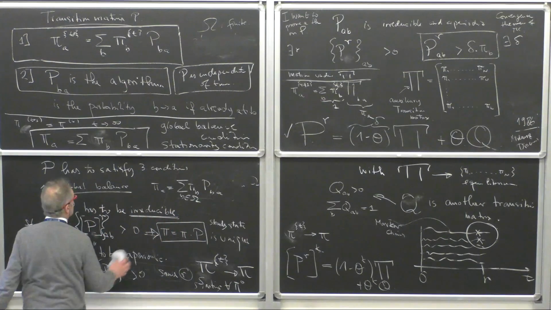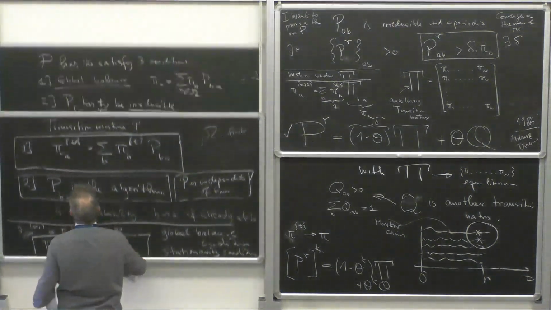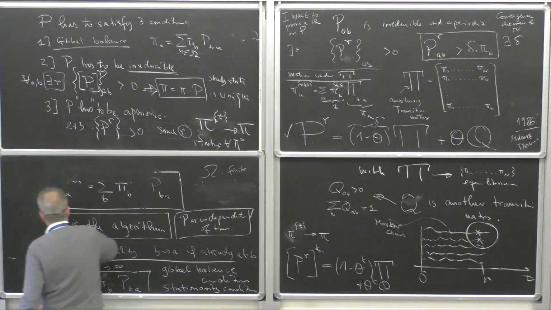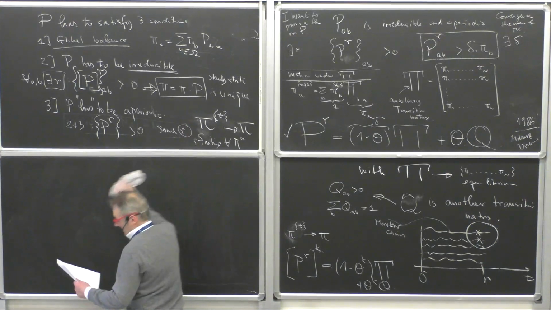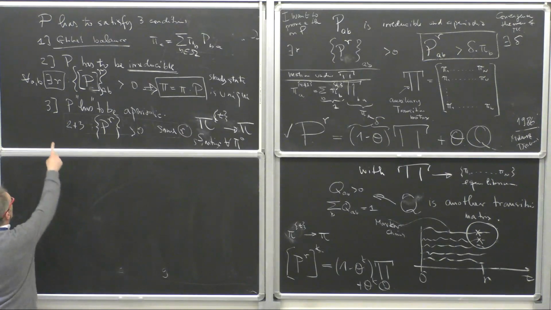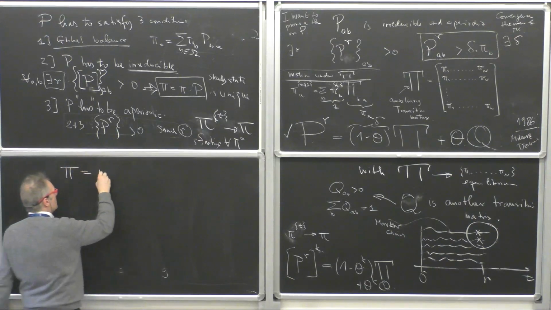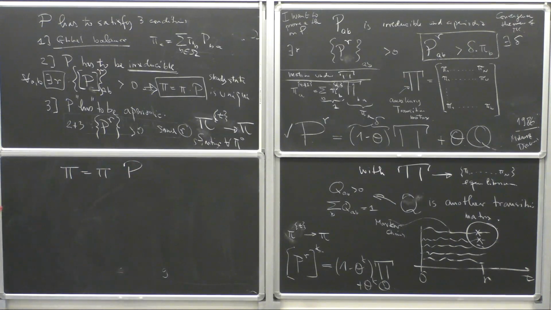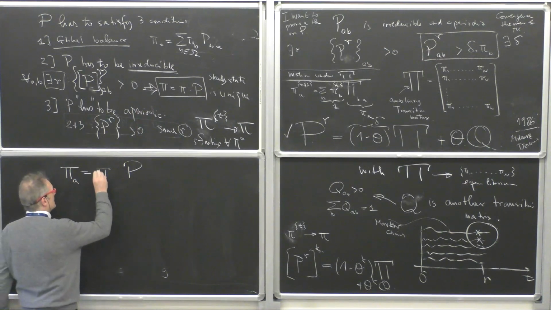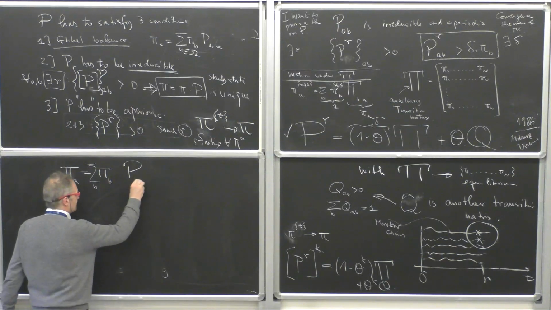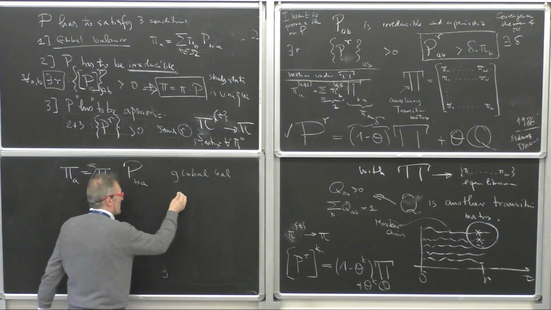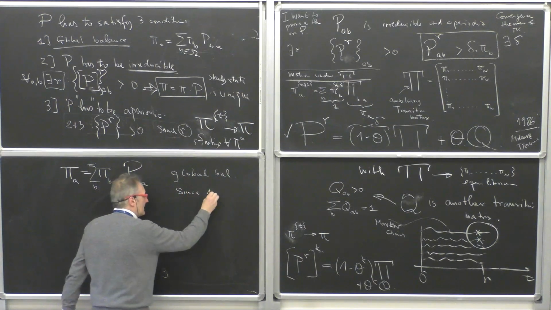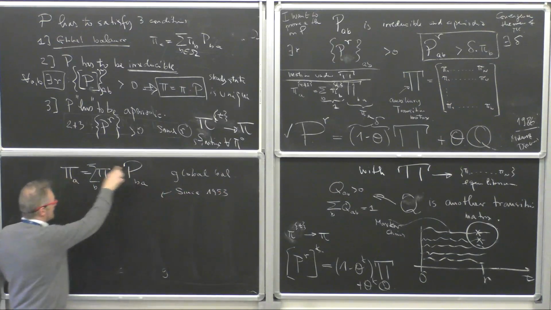So P has these three conditions. You have the condition here, P equal to P times capital P. This is the global balance condition, the sum over B. But since 1953, that's not the condition that was used.